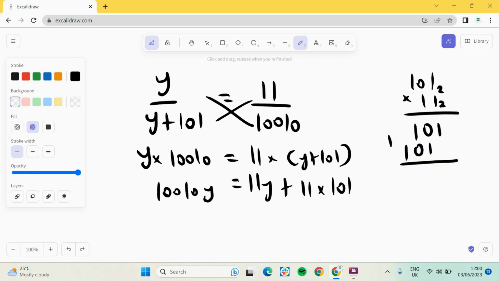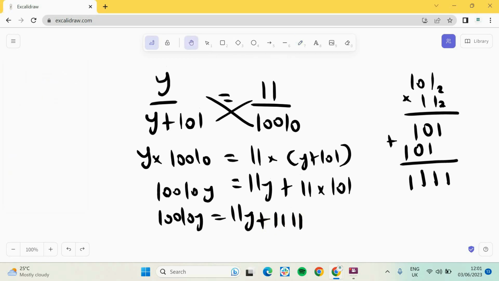Let's add in base 2. So this would be 1, this would be 1, this would be 1, and this would be 1, right? Great. So this would be 10y is equal to 11y plus 1111.